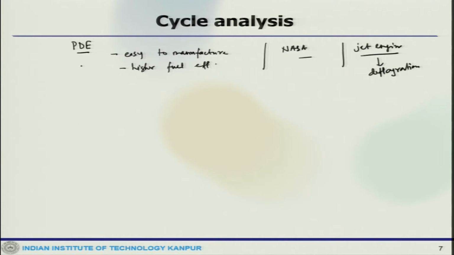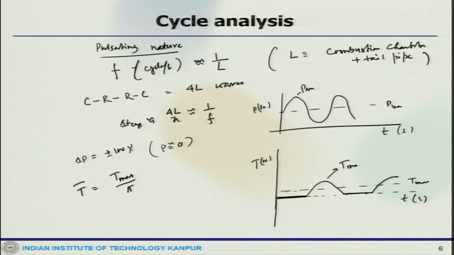But the pulse detonation engine is a concept of active development to create an engine which operates on the detonation of fuel. So, it is based on the detonation mode. This is the nature of a pulse detonation engine.